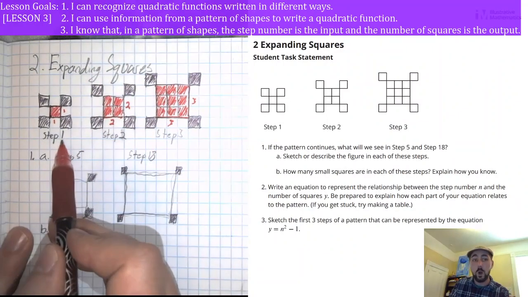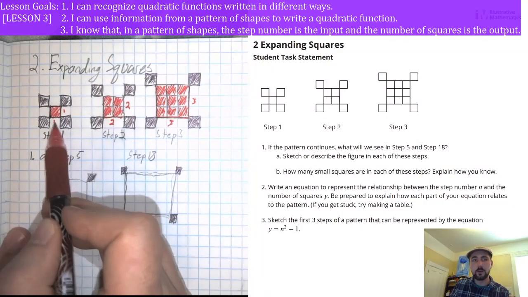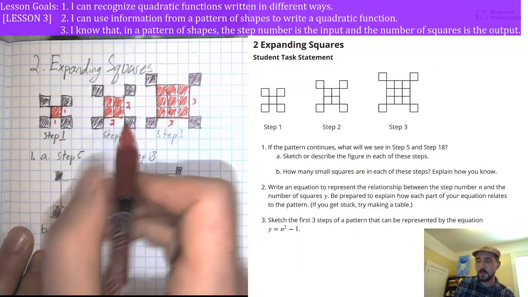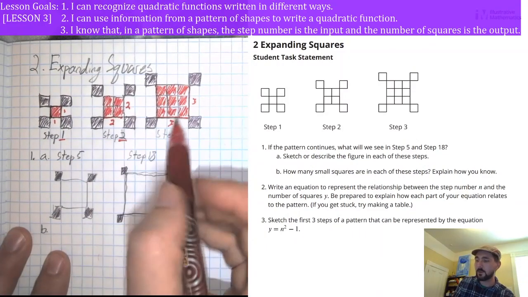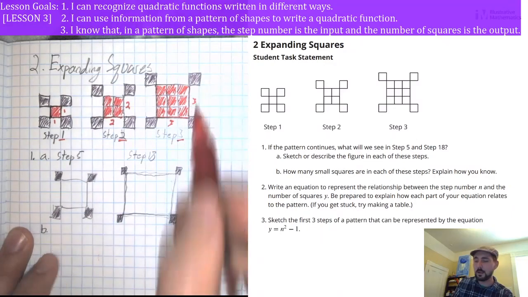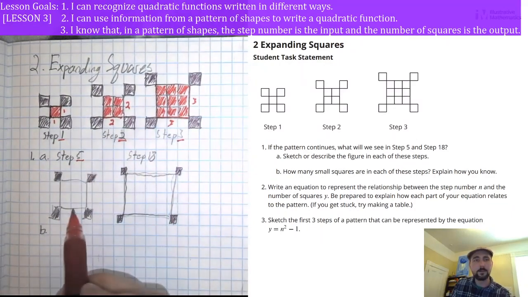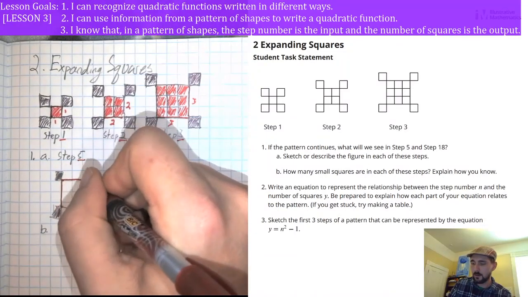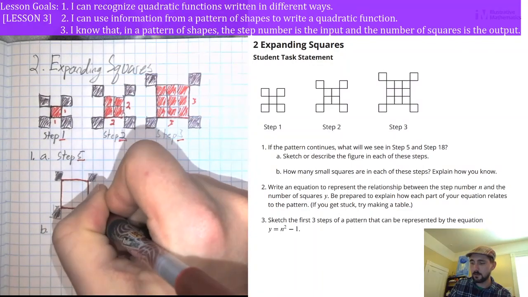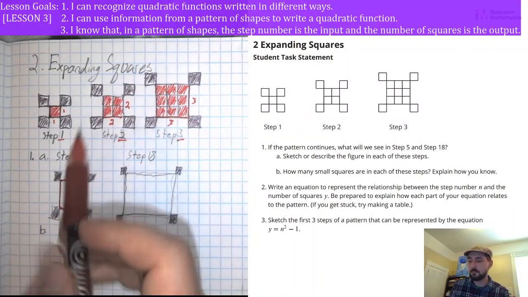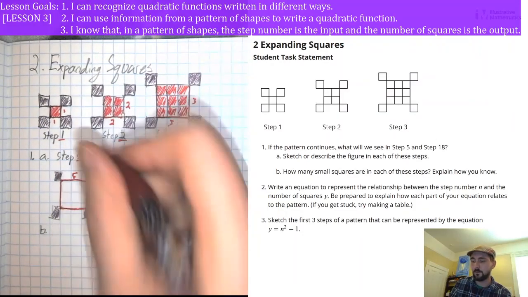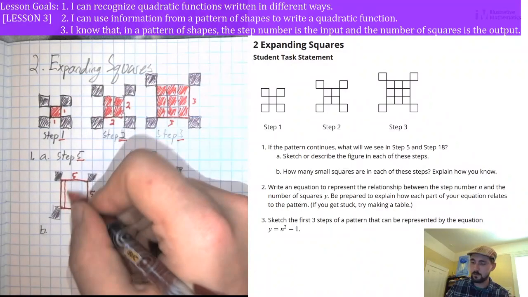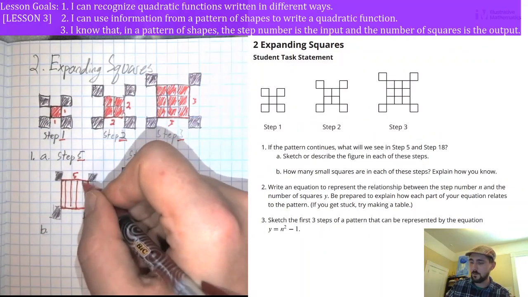So this was step 1, and the middle part was 1 by 1. This was step 2, and the middle part was 2 by 2. In step 3, the middle part was 3 by 3. So here in step 5, what do you think is going to happen in this middle rectangle right here? Well, maybe it's going to be 5 across and 5 down.